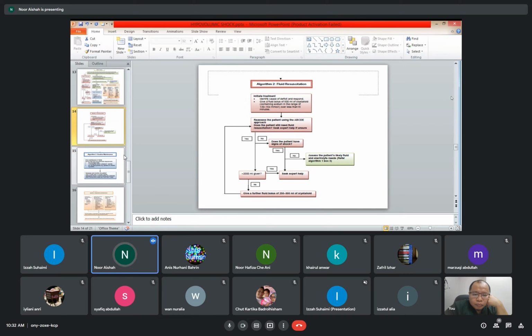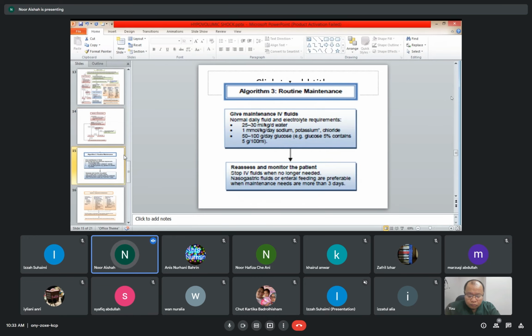And then again you have to assess the patient. And if the patient is still in shock, we have to consider blood products. Next is the routine maintenance, which depends on the requirement.